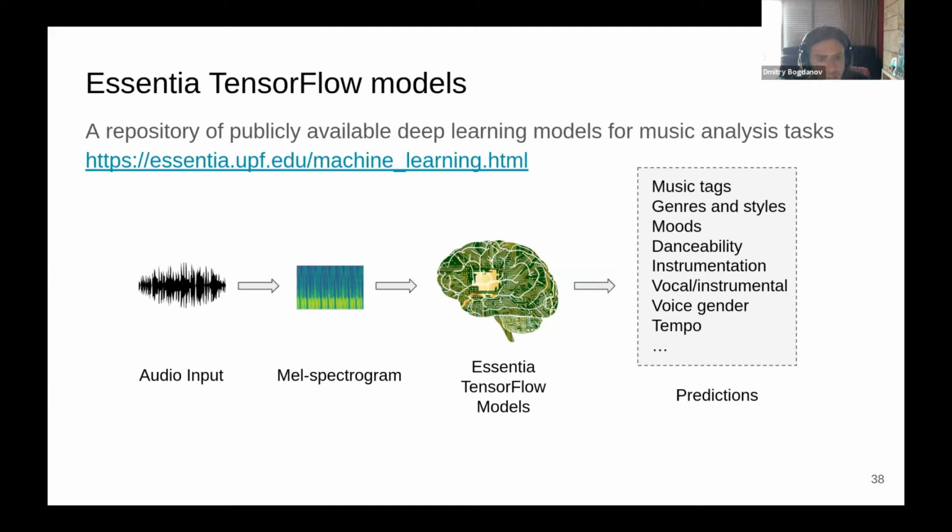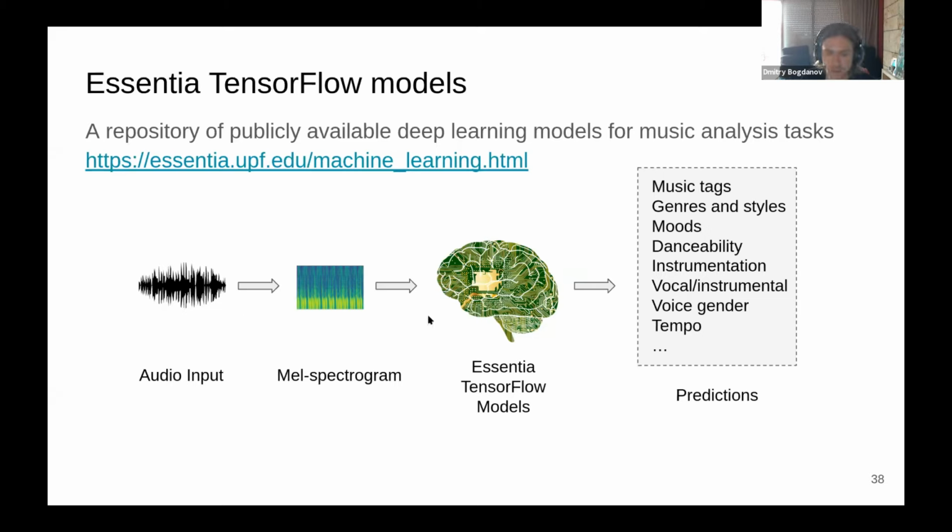So we continued building models on top, and we have algorithms for different input representations that are typically used. As you can see here, a typical model works by taking audio, computing a Mel spectrogram or any other representation, maybe constant Q, and then from there there is a model.